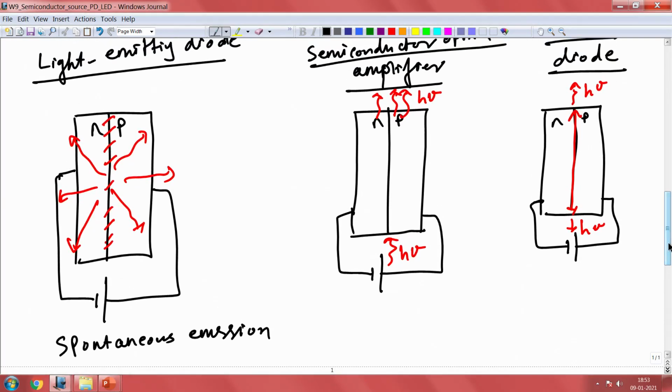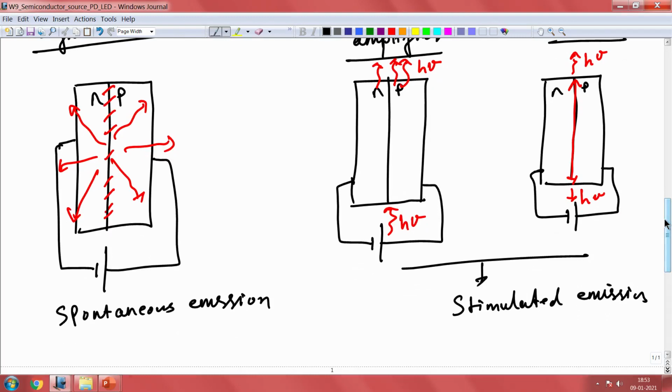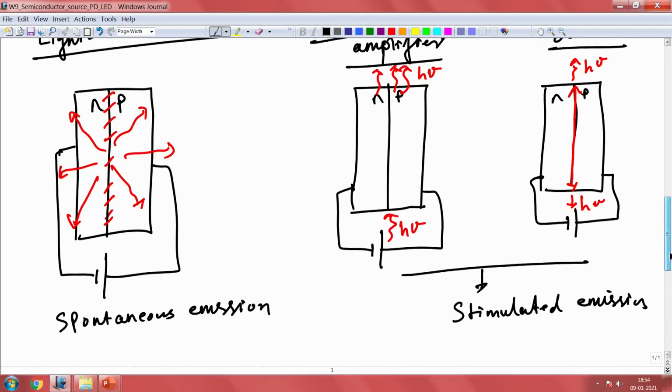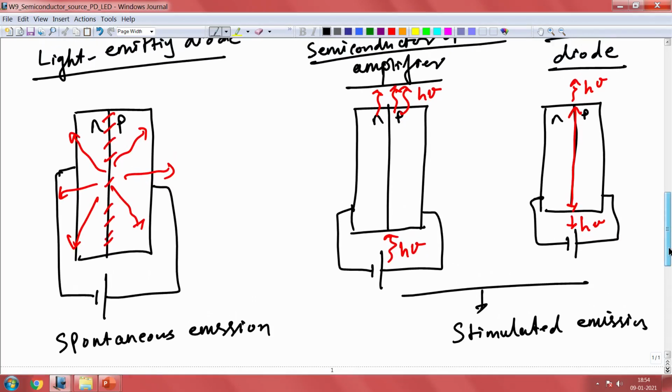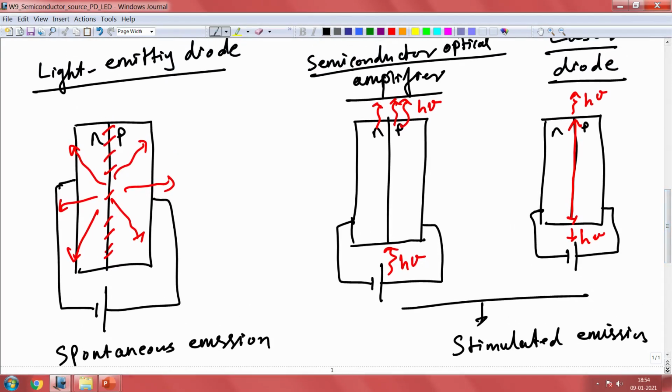But in an amplifier and a laser diode, you have stimulated emission. So, in order to have this process happen in these materials, we made N type and P type material. We use a direct band gap material.